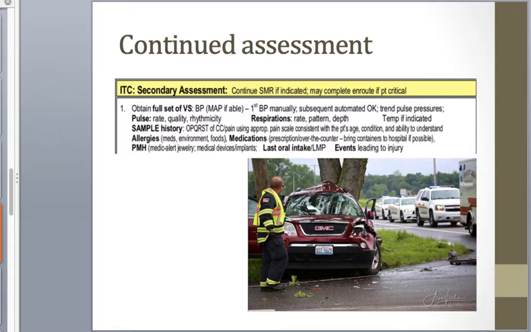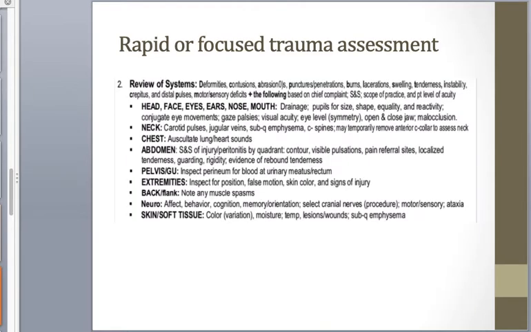If we can, get a SAMPLE history as well as OPQRST from the patient if they're conscious, and then cover allergies, medications, past medical history, last oral intake, and then events leading up to the injury. Rapid or focused trauma assessment, review of systems for DCAP-BTLS, and then we're just doing a head to toe.